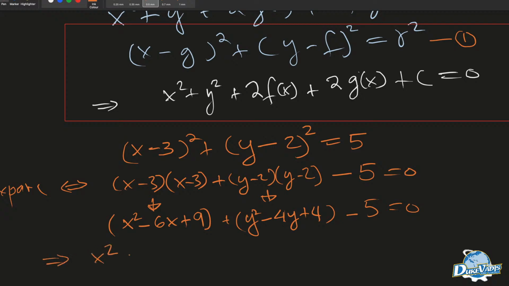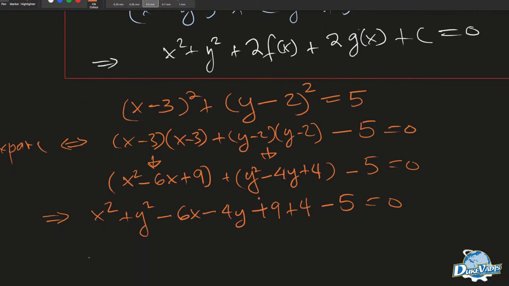This is x squared, this is y squared, then minus 6x and minus 4y. I still have plus 9 plus 4 minus 5 is equal to 0. So we can confidently say that x squared plus y squared minus 6x minus 4y, and 9 plus 4 minus 5 will give us 8, is equal to 0.